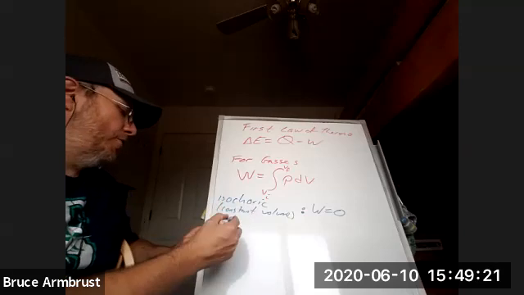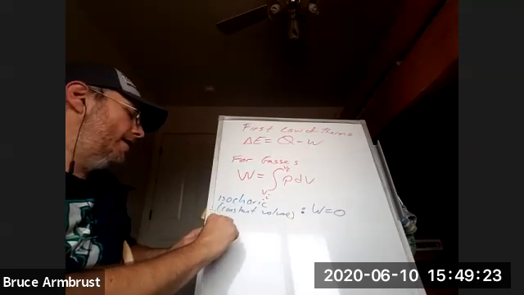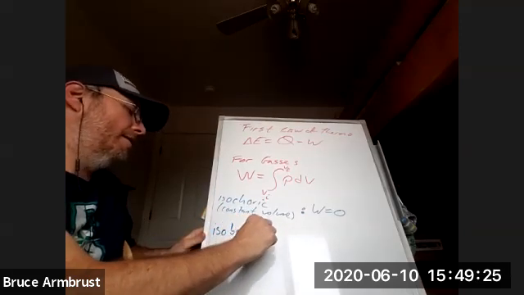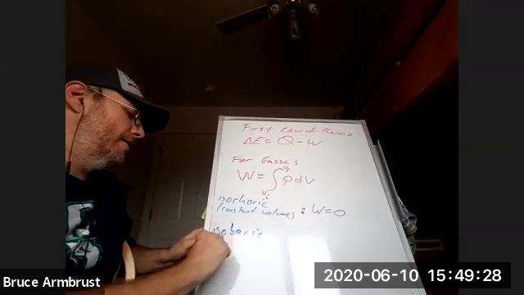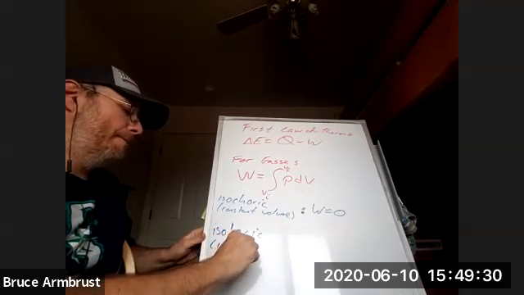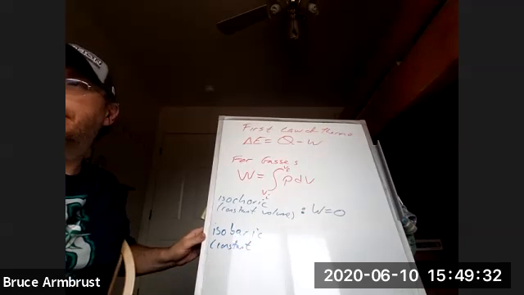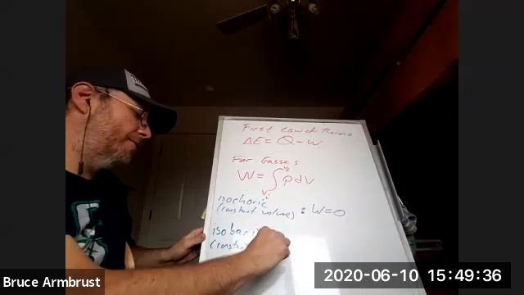So if we keep the volume the same, it doesn't change. So that was isochoric. We also had isobaric. What stays the same there? Pretty sure it's pressure. It is pressure. Good. So that's constant pressure.